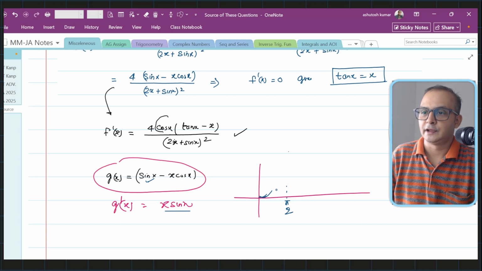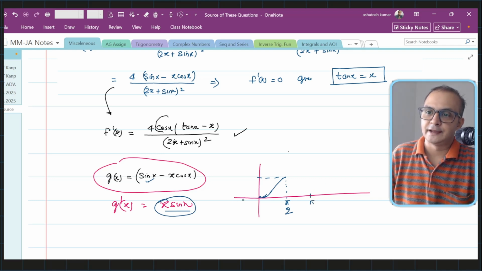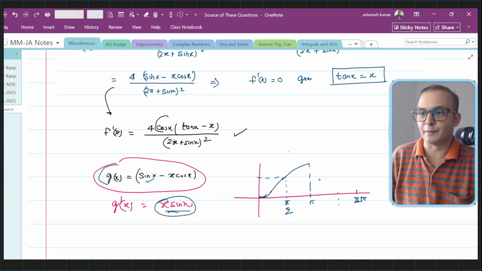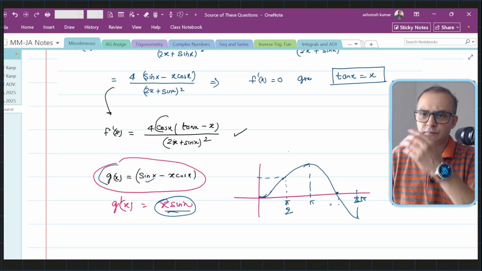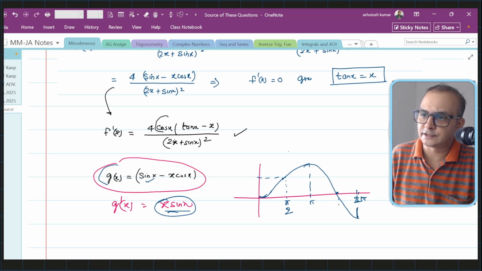Let's say this is pi by 2, it will cross 1, and after that you can see that at pi this value will become 0. It means at pi this function, this gx function, will attain its maximum, because it has to increase, and after that it will come down, and again at 2 pi it will attain its minima. I thought I made a mistake, but yes, that's correct, this is actually 2 pi.